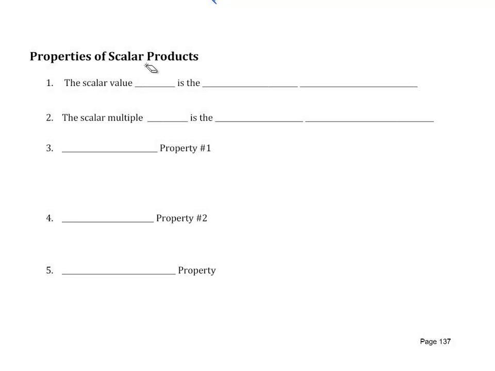If you have the scalar value of 1, that is called the multiplicative identity. Multiplicative is a fancy word for multiplication. So the identity means when you do something to a number, you get the same number out of it.